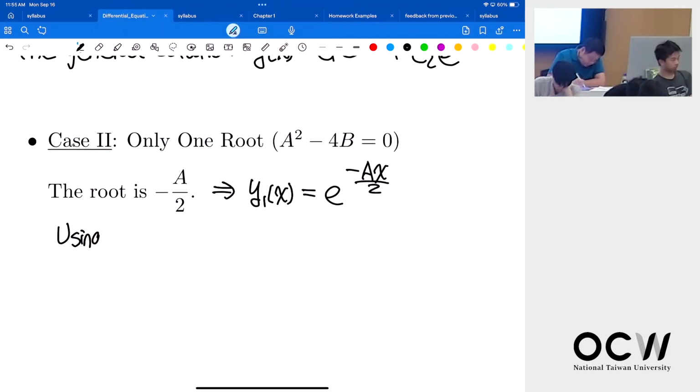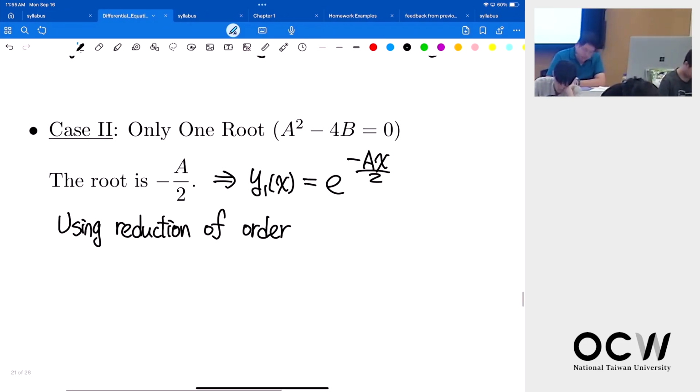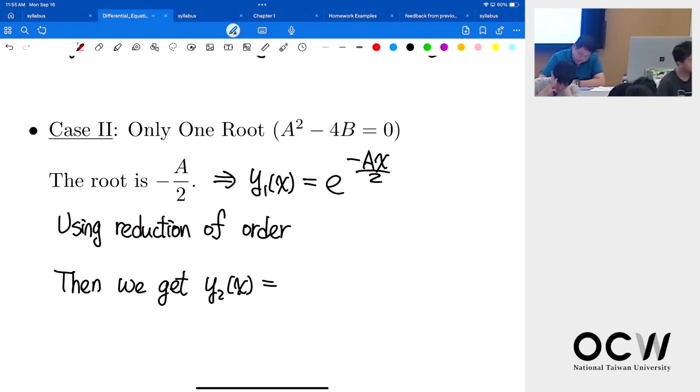So we can use reduction of order, you can do it by yourself. Then we get the other solution is x times y1. Your u will be x, and then y1 here.